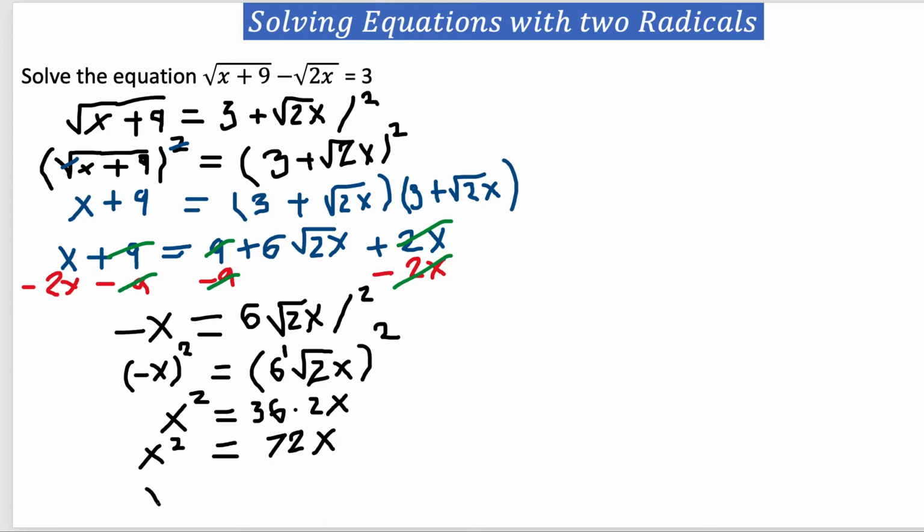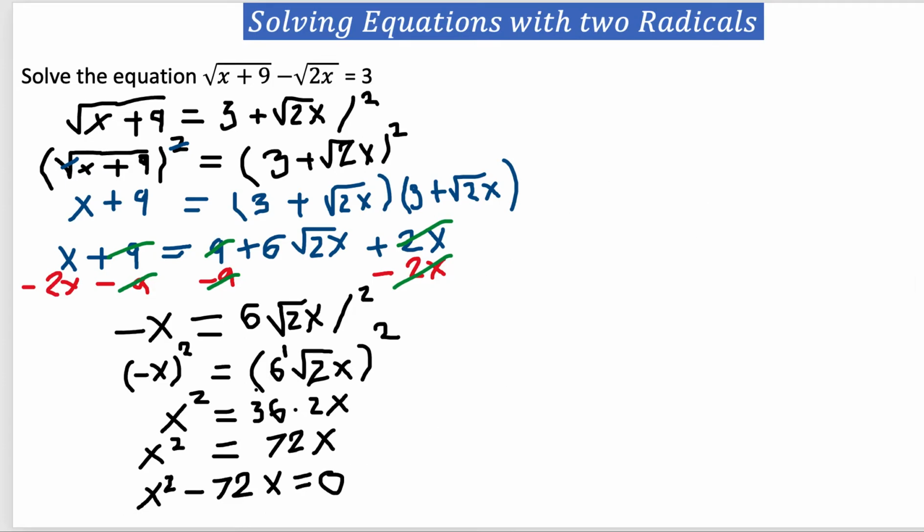I'm taking a shortcut here, so I'm not going to write the whole process. It's minus, because it goes to the other side and changes the sign, minus 72x. And now, on the other side remains nothing. It means it's 0.